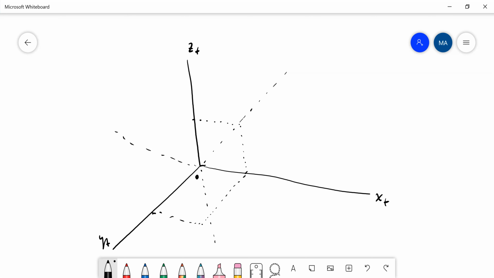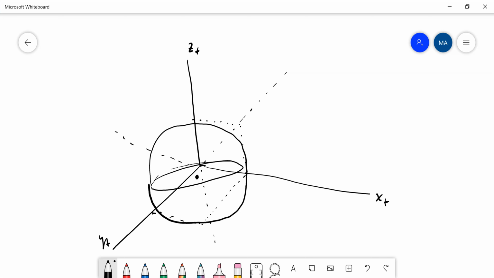Then you may imagine a ball around this steady state. Again, this radius is epsilon. So this is the difference between local and global stability, more generally.